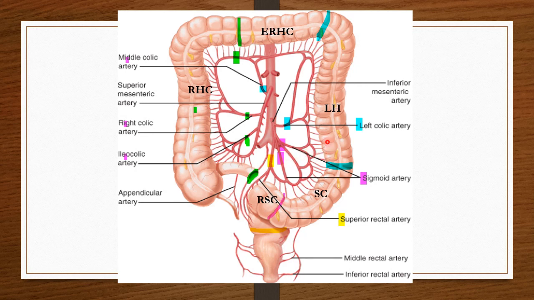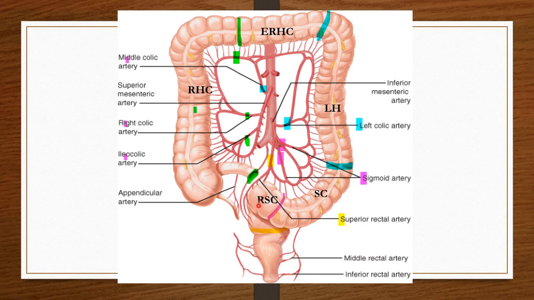The next is your sigmoid colon. This is your sigmoid colon, and the resection is known as sigmoid colectomy. And this sigmoid colon is supplied by branches of the inferior mesenteric artery, the sigmoid branches, which must be ligated in order to remove this segment of the sigmoid colon.